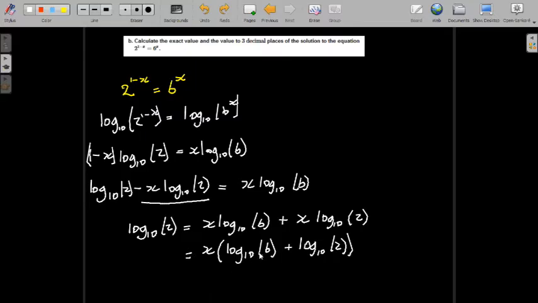Now I've got log base 10 of 6 plus log base 10 of 2. I've got the same base, so I can actually use our third law, which would be 6 times 2.